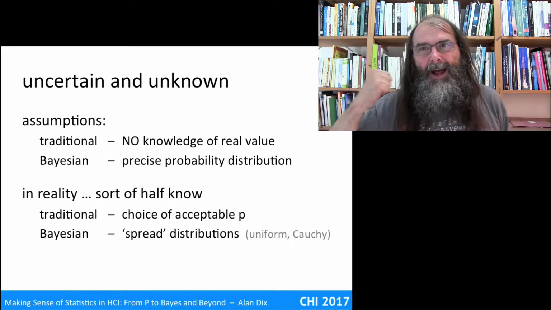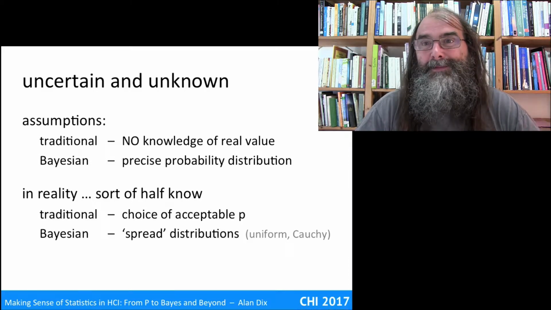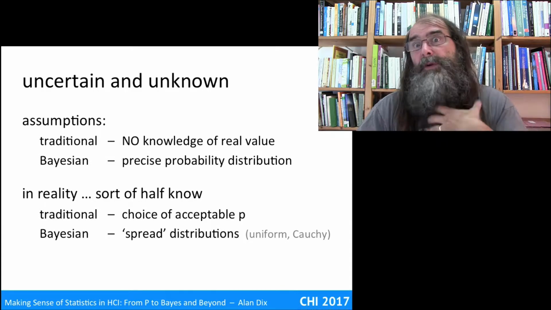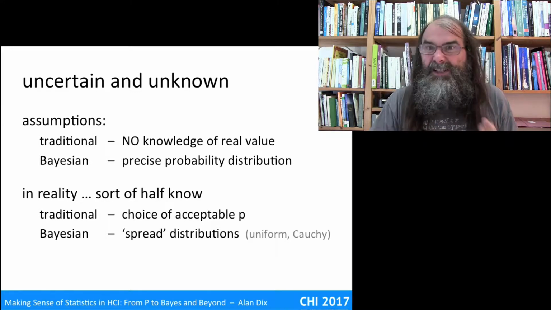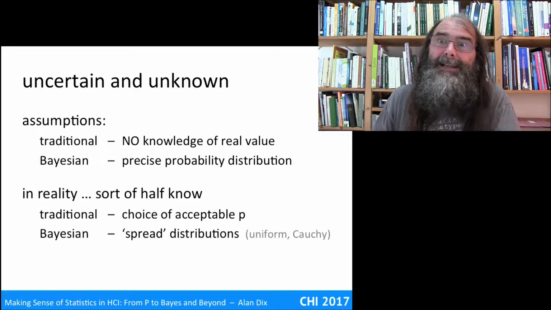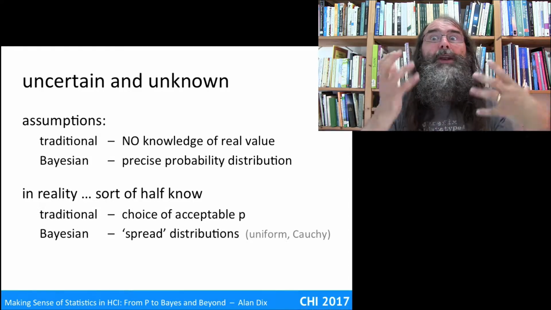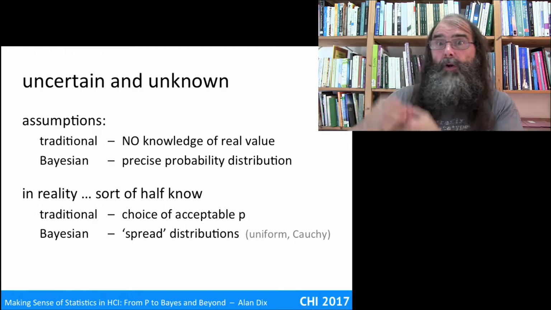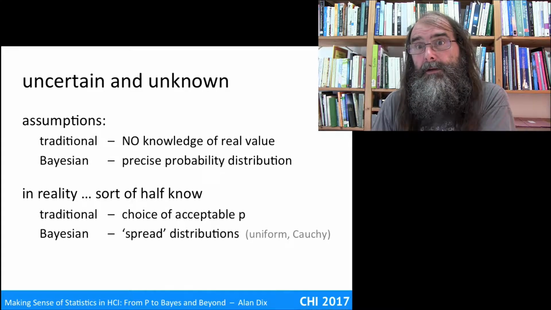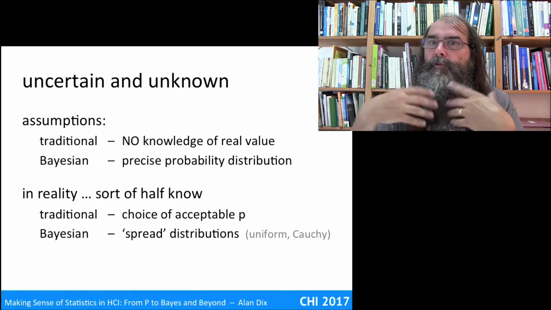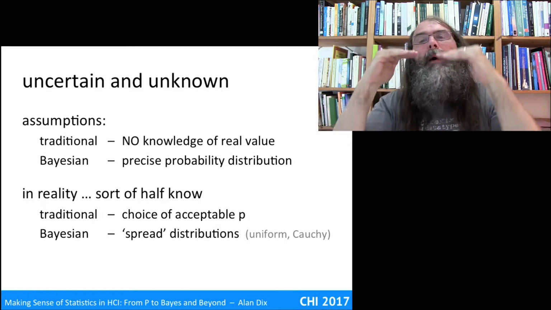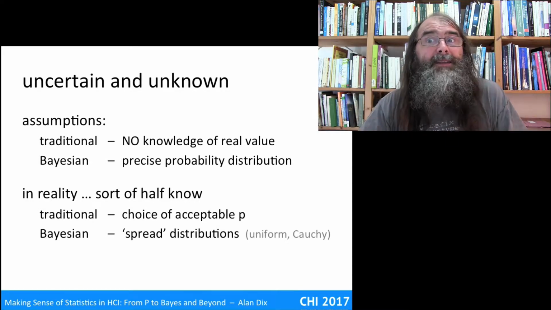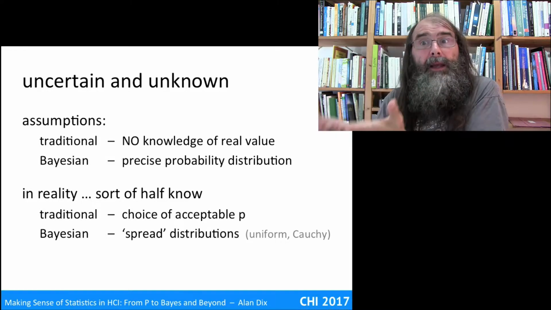I'm going to look for a 0.1% p-value to really convince me. Now, I've not put a number on my probability, but I just have that feeling, just like in Bayesian stats, where I actually put a number on it and said I am pretty sure that my system is better, or I'm pretty sure that it's not. In reality, you have those sort of feelings, and what you do is you adjust your bar as to what you regard as acceptable evidence.